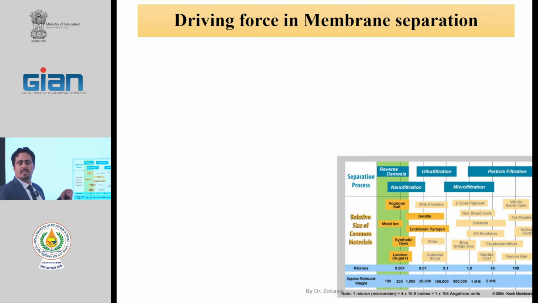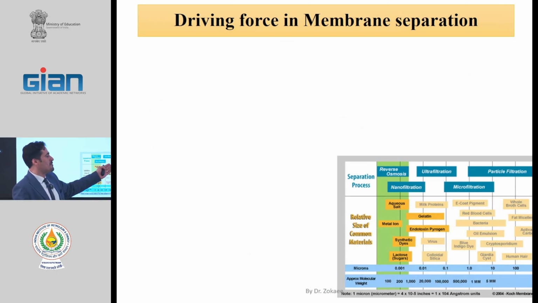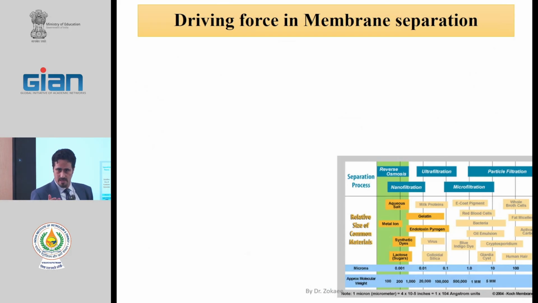One question is why we do not use RO for the separation of all of these, when we can use one process for separation of all these molecules. Why do we use MF? Why do we use UF? We can use RO for separating all of them.